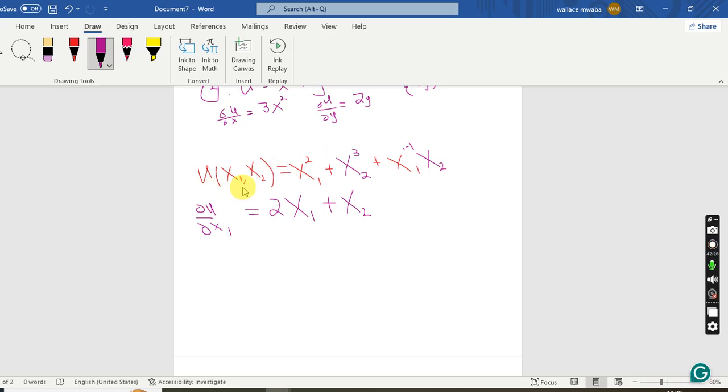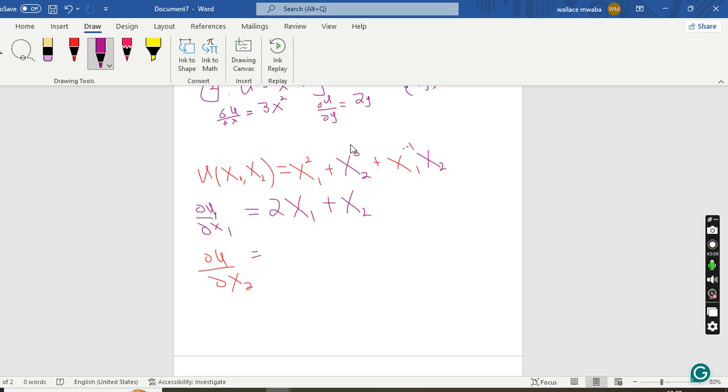Then the partial derivative with respect to x2. That's 2x2? Derive the one at the bottom first, this x2 cubed.